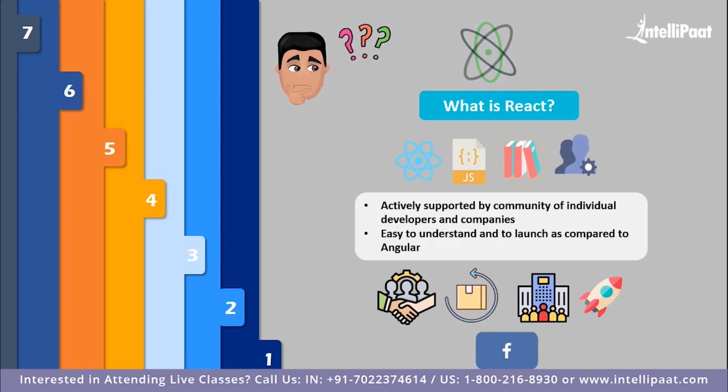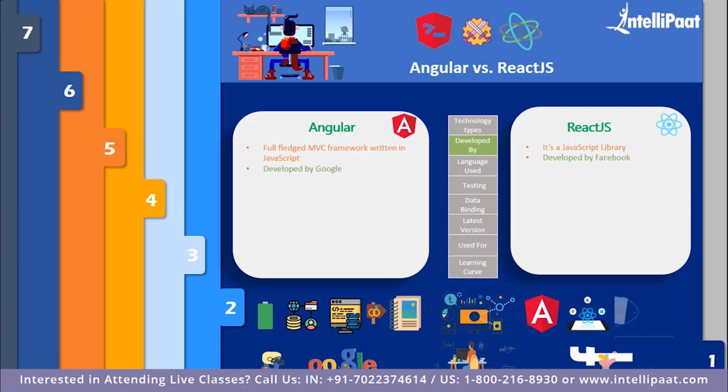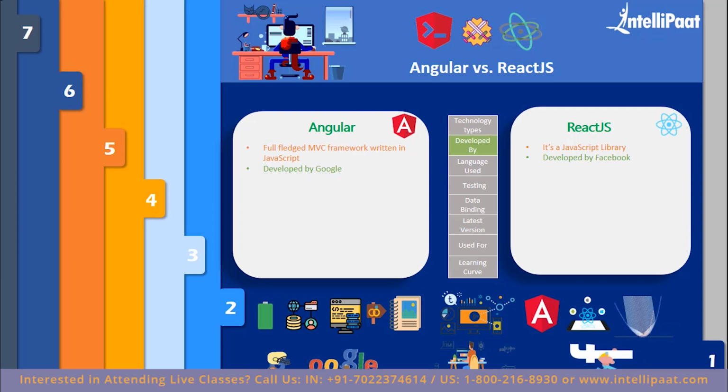Now, as we know about both Angular and React.js, let us see the comparison between the two of them based on a few parameters. First, technology type. So, Angular is a full-fledged MVC framework which is written in JavaScript, whereas React.js is nothing but a JavaScript library, right? And guys, the second parameter is the release history. AngularJS was developed by Google in 2010, and in 2016, the Angular team created Angular 2, which was not a copy of AngularJS, and it was actually a completely new framework.